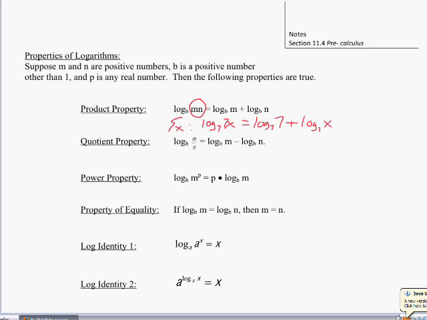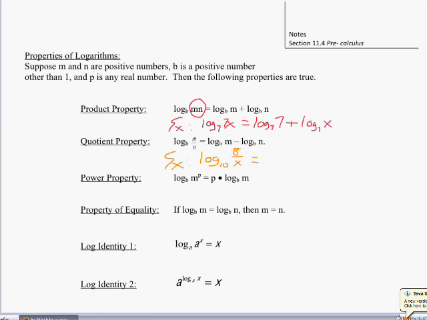The quotient property, quotient means division or fraction, says that if your argument is a fraction, such as m divided by n, you can break it into two separate logarithms where you take the numerator's logarithm minus the denominator's. So, an example with some numbers in it. Say we have log base 10 of 8 over x.